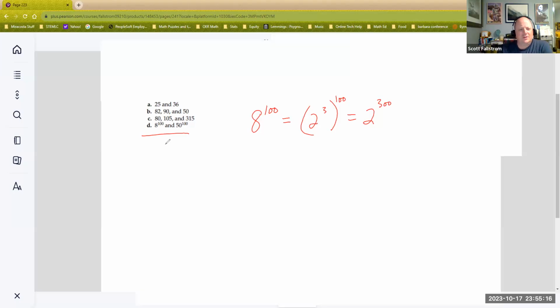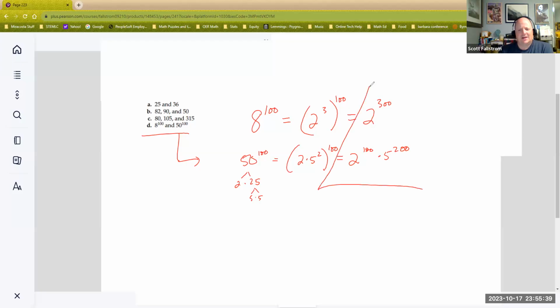Okay, and then do the same for 50, right? So what would 50 to the 100 be? Well, 50 is what? 2 times 25, and 25 is 5 times 5. So this would be 2 times 5 squared to the 100, which would be 2 to the 100, 5 to the 200.